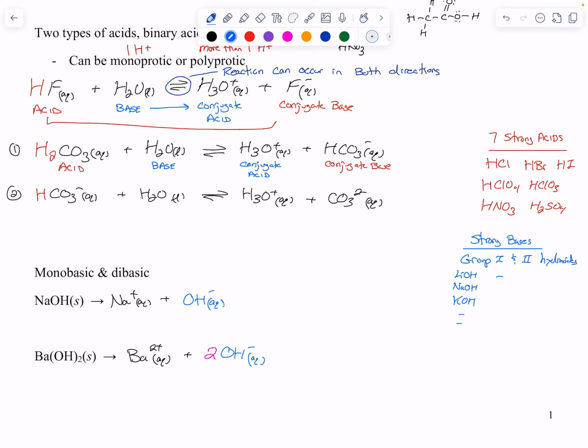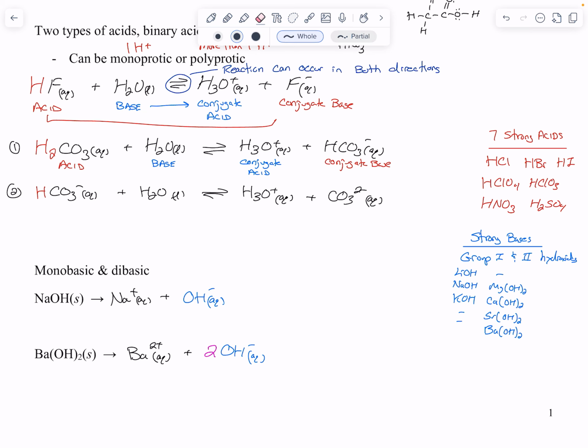And we don't do beryllium, but we do magnesium, calcium, strontium, and then barium. So I'll tell you what we'll do. We'll do them in red, because for rubidium hydroxide, I don't want to do red. Let's just do a different color, blue. Rubidium hydroxide and cesium hydroxide, these are too strong. They are very strong bases. All right, so those are your strong bases.